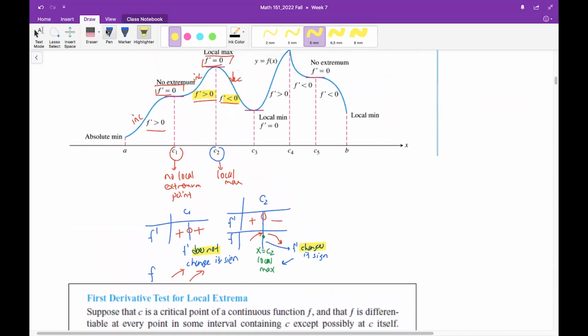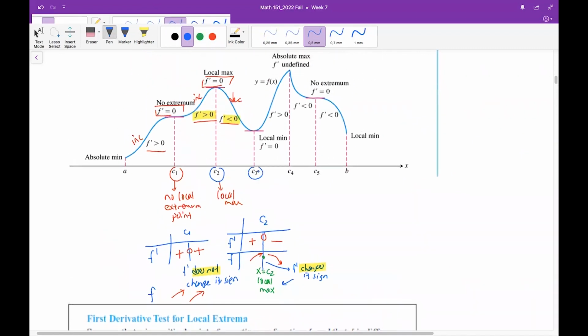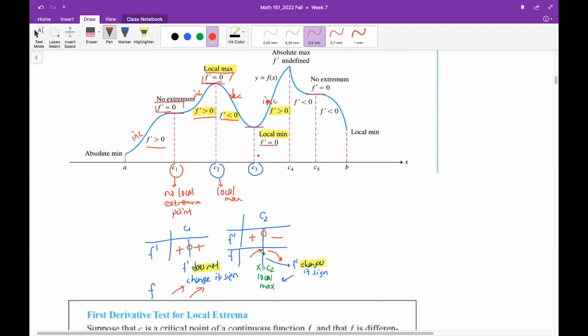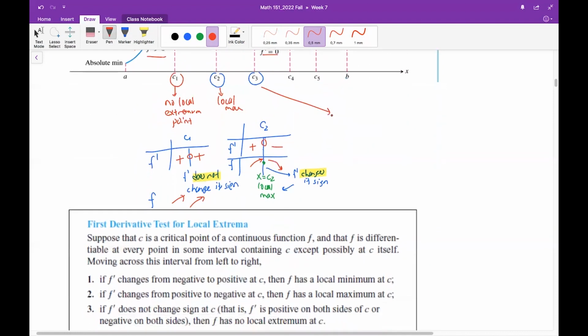Okay, let's continue our analysis with C3. What happens here? Before C3, your function is decreasing, so first derivative is negative. After C3, it is increasing function, so first derivative should be positive. That's why here at this point, C3, you will have a local minimum point. Okay, so let's create the diagram also for that. This is a local minimum point because first derivative changes its sign there.